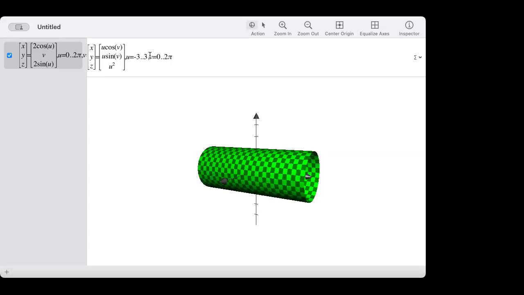As u changes, we get x equals u times some number, y equals u times some number, but z equals u squared. We're going in a particular direction. As we go, we're drawing what shape? Drawing a parabola. This should be a paraboloid with circles as cross sections.